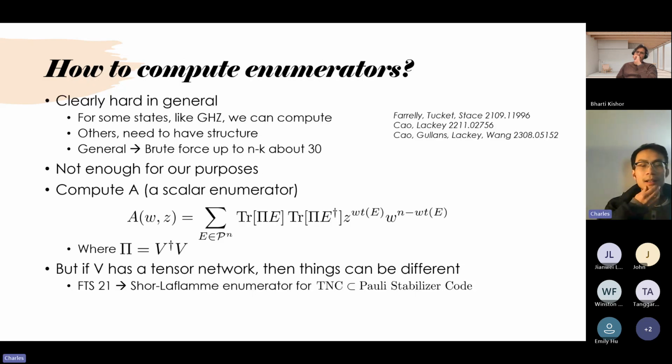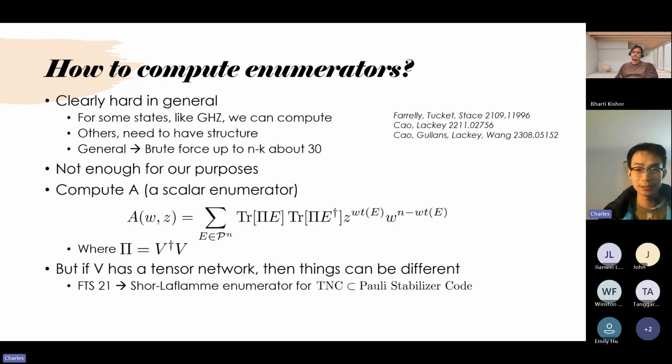Okay. So now to the central question. We talked about all these nice things that we can get from enumerators if we can have them. But they're already hard to compute in general, right? For certain states, like the GHZ state, of course, we can compute them by hand. But for others, we would really need more structure. If we do brute force, this is going to scale exponentially with n minus k.